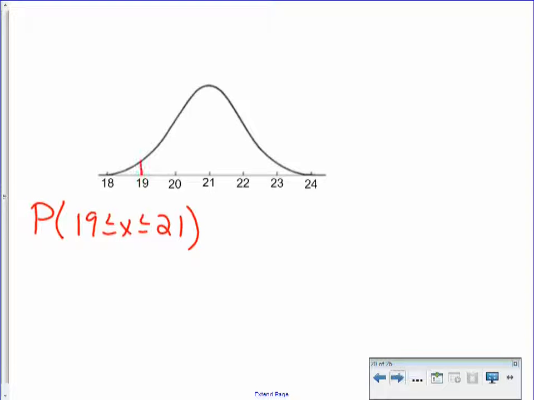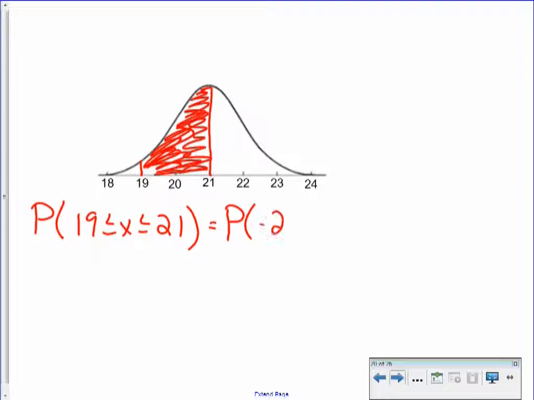Conveniently, again, 19 and 21 are both values on the graph. 19 is at -2, and 21, hey, that's the mean, so that's 0. I'll need to look up my value for 0, which is halfway across, so 0 has 50% of the area.